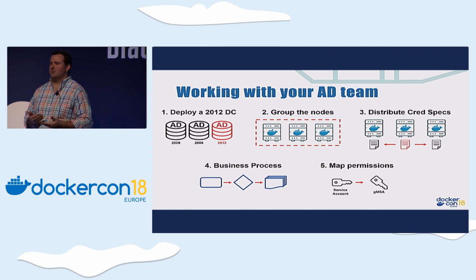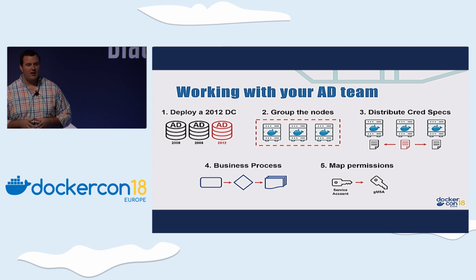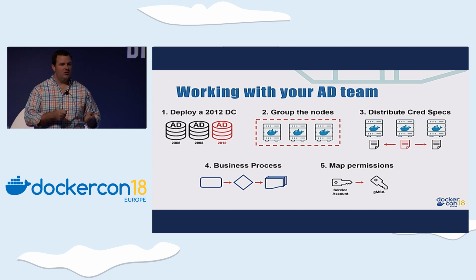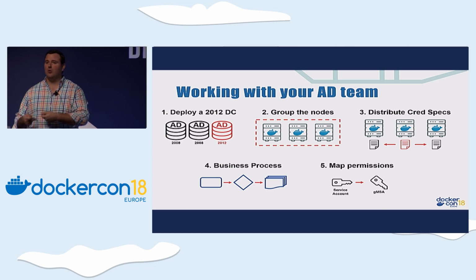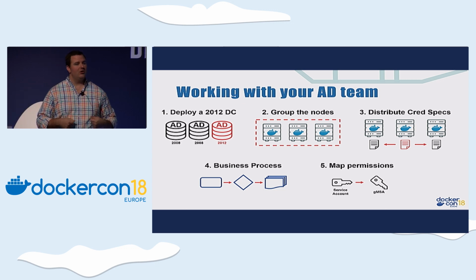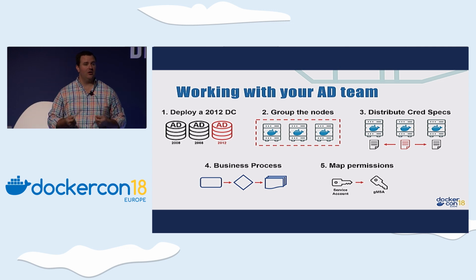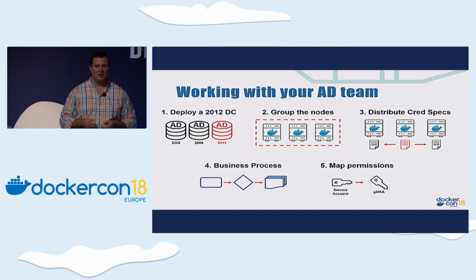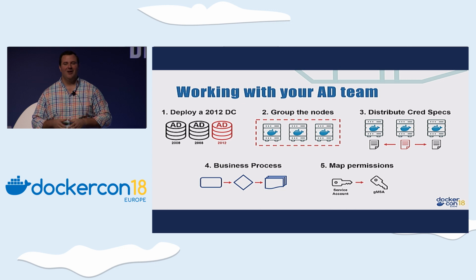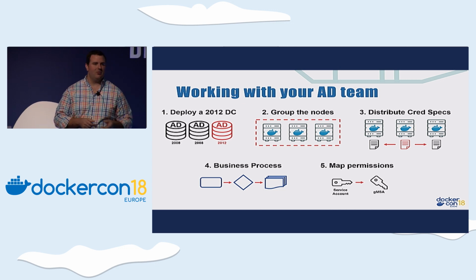Thirdly is about the credential specs. To run a container across a cluster, that container can typically run on any one of the Windows Server nodes that are available to the orchestrator. For that, we want to ensure that we have those credential spec JSON files available on each node where a container could potentially land. There's a variety of ways to distribute these, from RDP sessions and copy and paste, to more group policy type approaches.